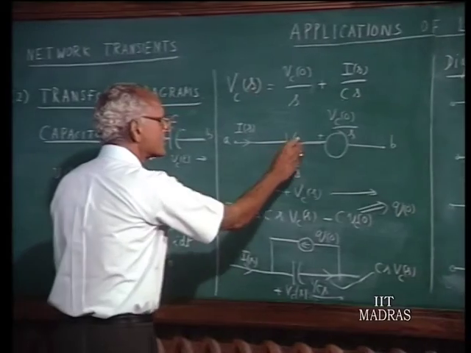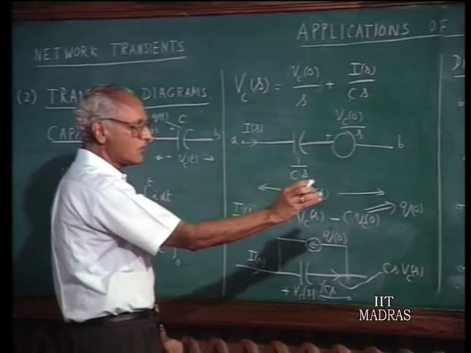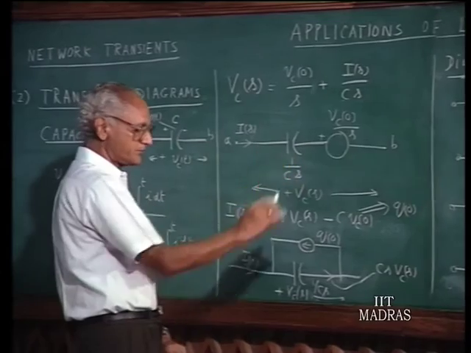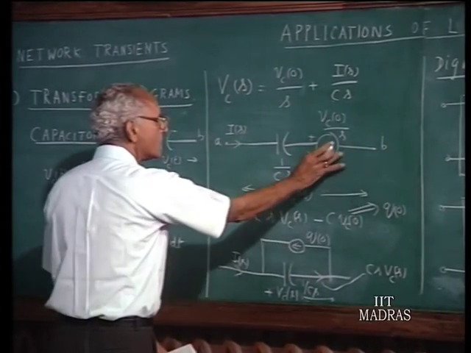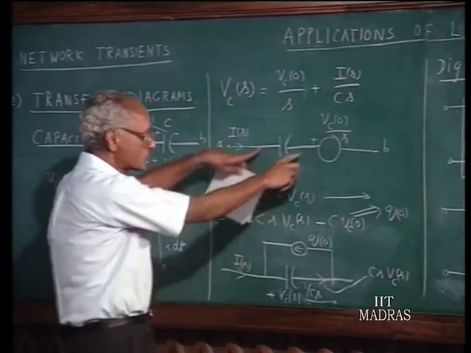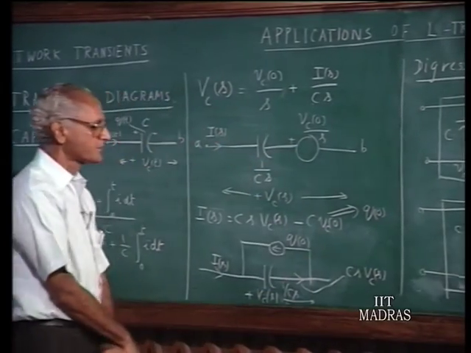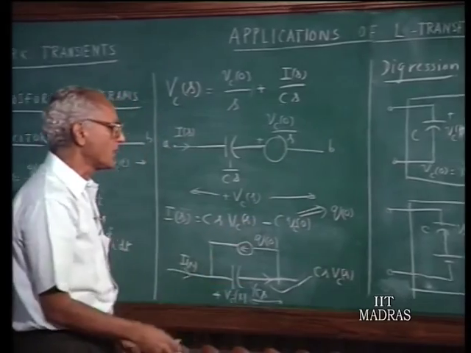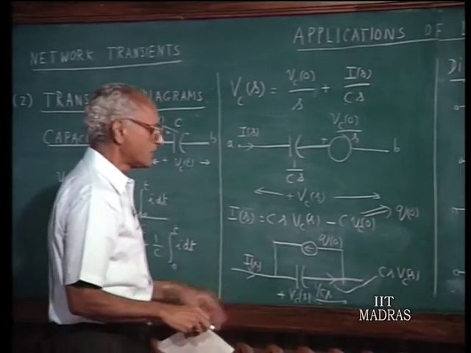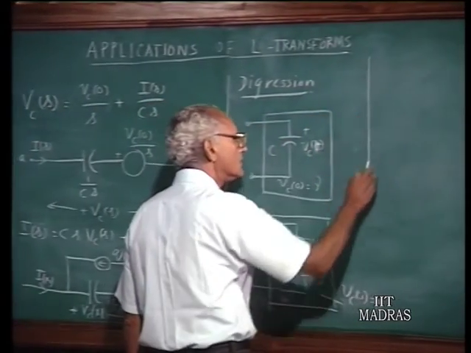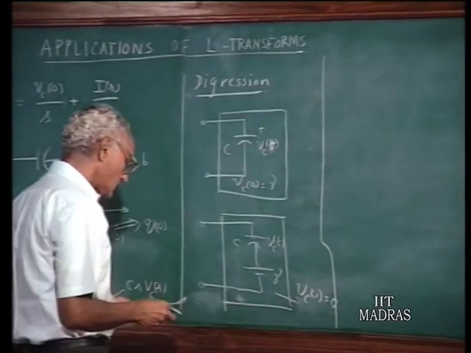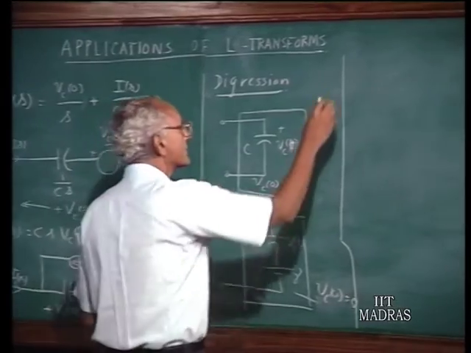So that's exactly the situation that we have. The initial voltage across the capacitor can be represented as that of a source, and that source, a DC source, will have a transform like this. So these two tie up like this. Now, we can also think of an equivalent current source representation that will lead to this, but we will not do that. Now let us look at the situation with reference to an inductor.